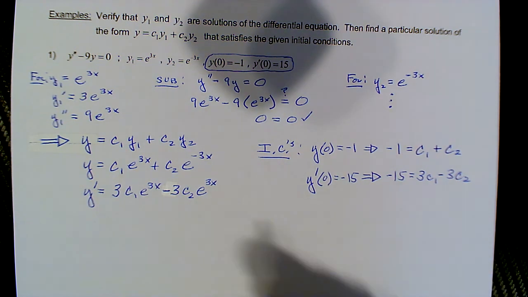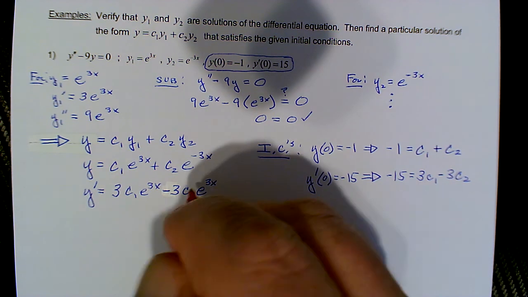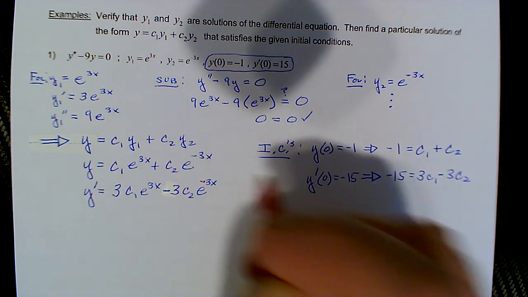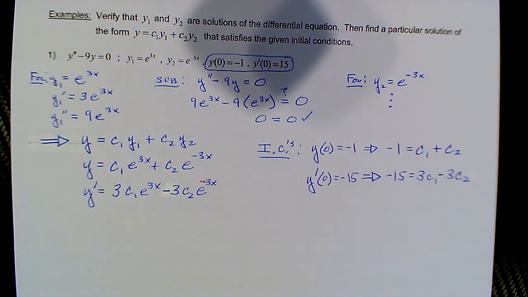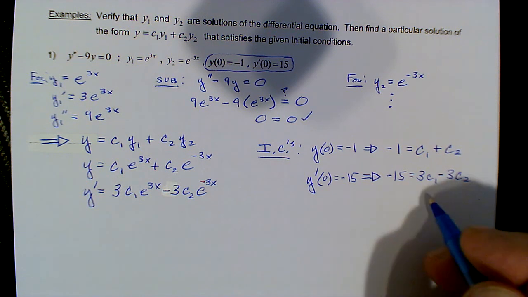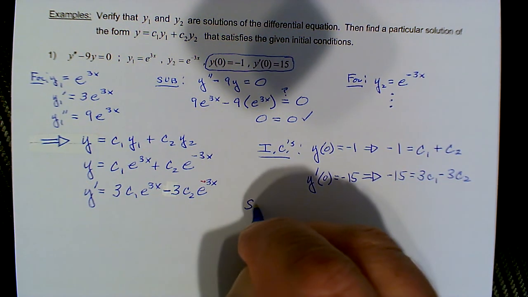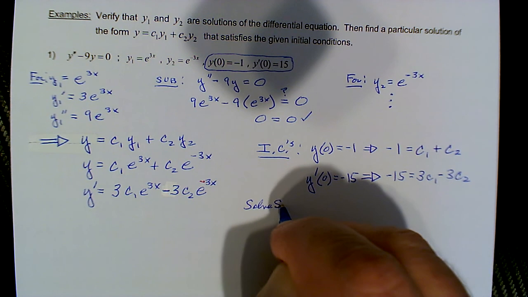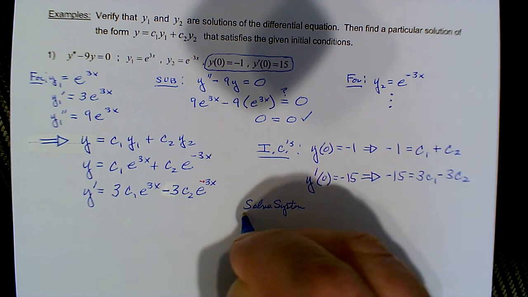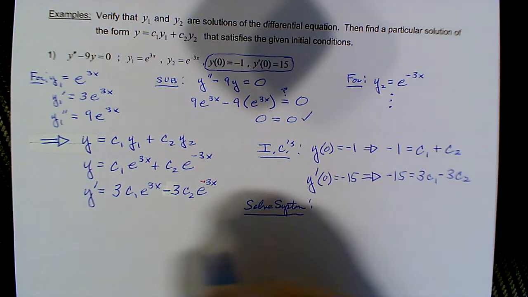Oops, made a mistake here. The second term should be e to the negative 3x. Didn't have an effect though. Okay, so therefore we have to solve the system. Actually, let me move it over here.